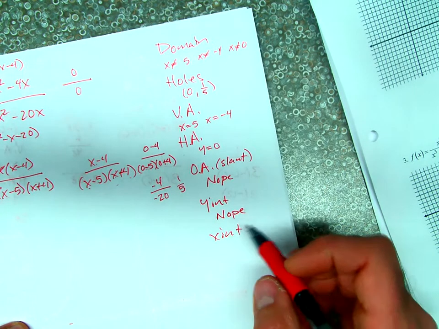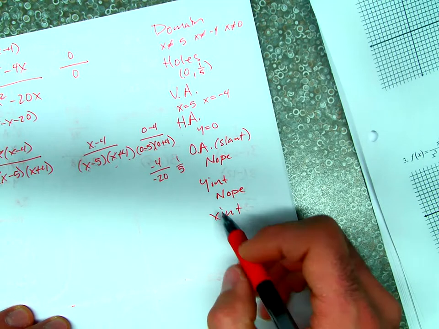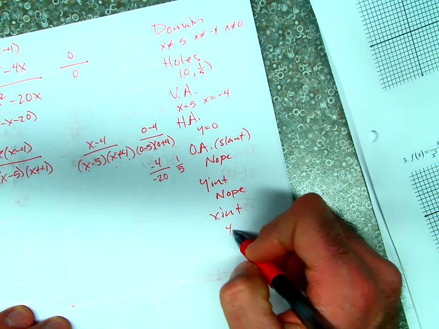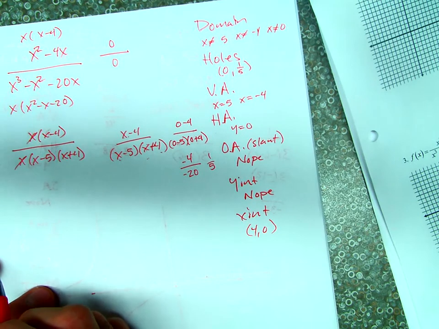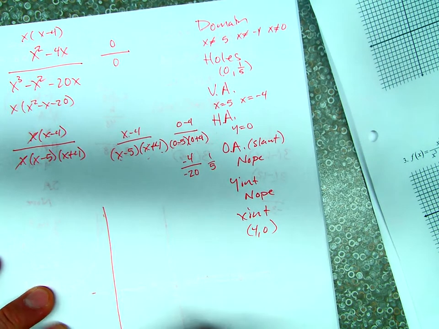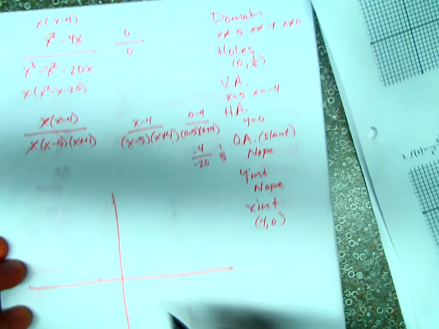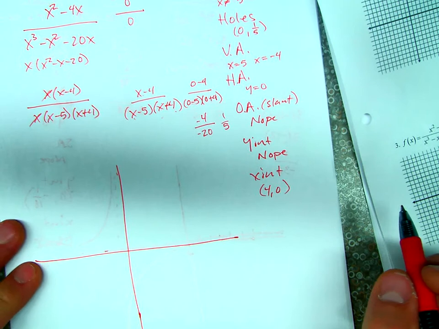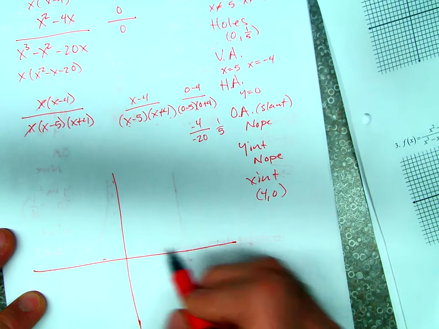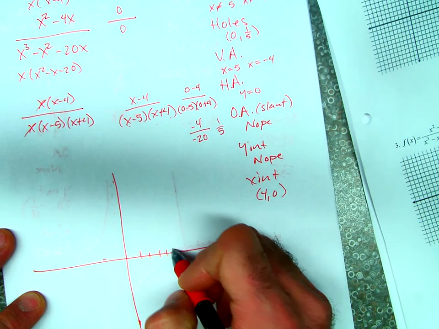Okay. Now we need the x-intercept. What is the x-intercept? The numerator equal to 0, so it's 4, 0. We have everything. I think this graph is going to be considerably trickier, because we have 2 vertical asymptotes. One of them is 5.